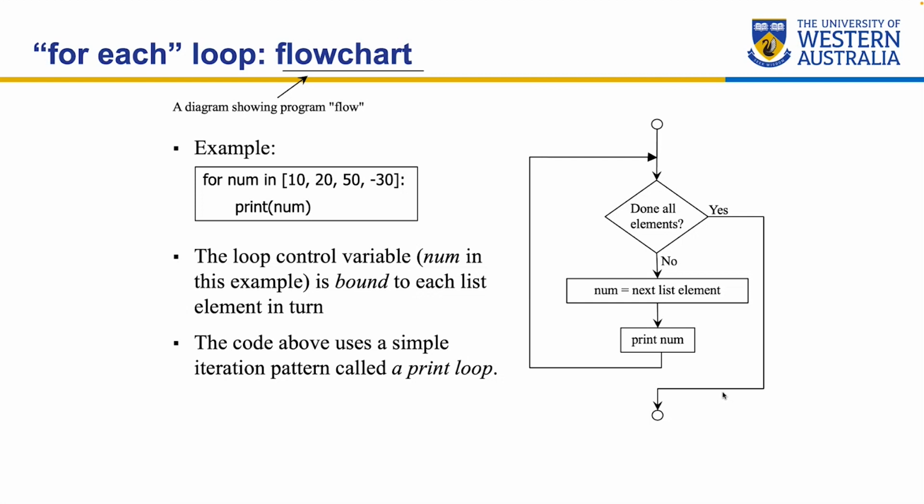Say num was -30 now, and we finish the block, it will come back to the for loop, and the bookmark was at -30, so it will go outside and point at nothing. When that happens, it finishes the for loop. That's where you satisfy the condition, done all elements, you say yes, and then go to the next part of the code that's not inside the for loop. If you have more code after the for loop, the code that is not indented inside the for loop, you continue on from there.